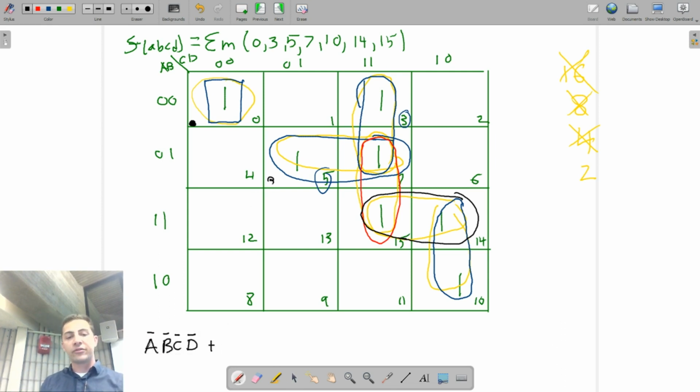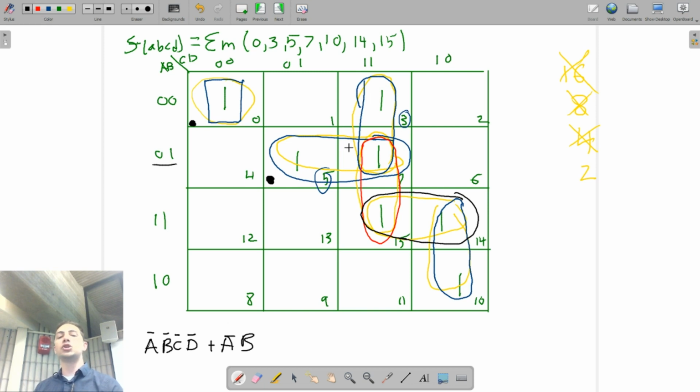Next, let's go after this horizontal prime implicant. So let's do the row first, because the row is the easy part. Since both of these cells are in the same row, we can just read off the row. A bar B. It's a given. If you're entirely within a row, you just look at the row value and put it down.